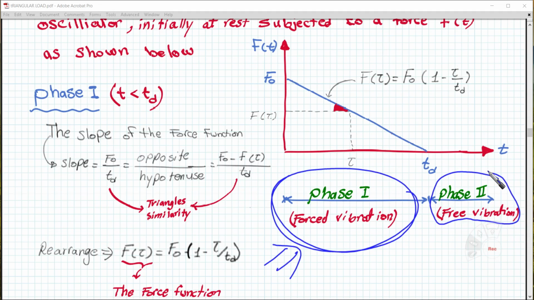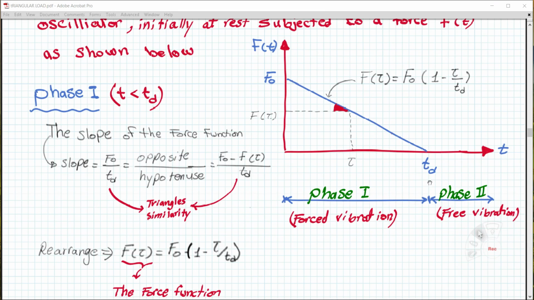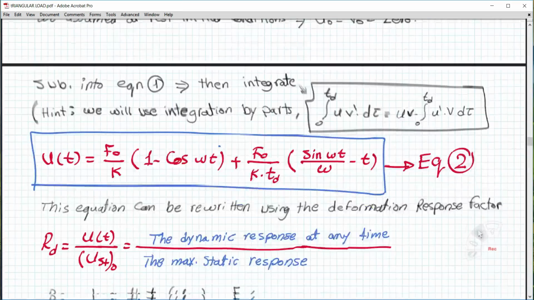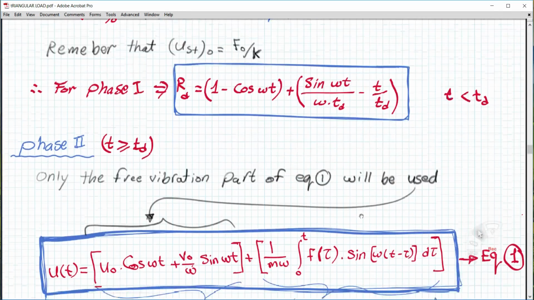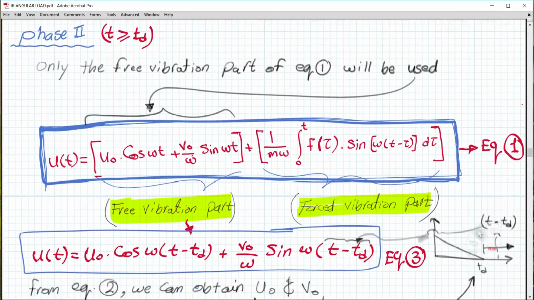How are we going to deal with phase 2? We need to find the equation of motion that is going to describe this phase, and we are going to put it also in terms of RD, as we have done in phase 1. Now let's see how we can deal with the problem in phase 2.